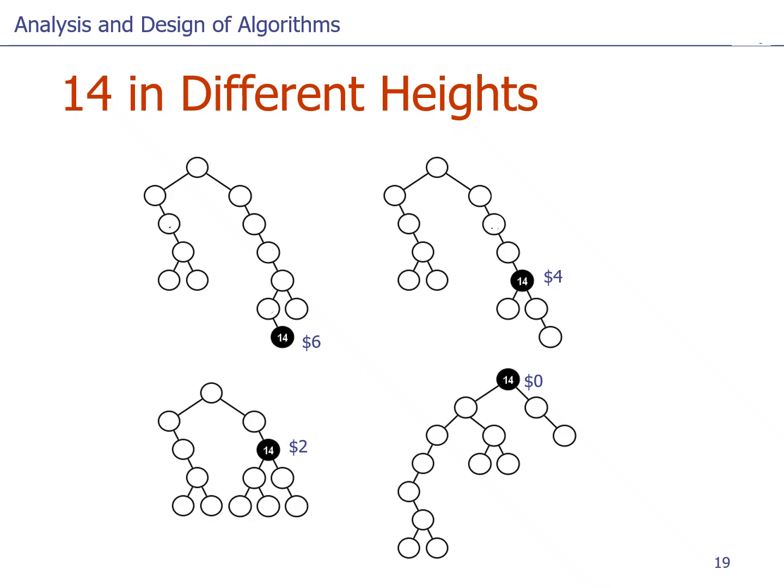This is the essence of how we think of saving money and spending money. The amount of money we save is related to how much we didn't travel, which means how close we are to the root in relation to the total height, which is log n. We will come back to this concept in the coming slides as well, because we're going to use this idea.